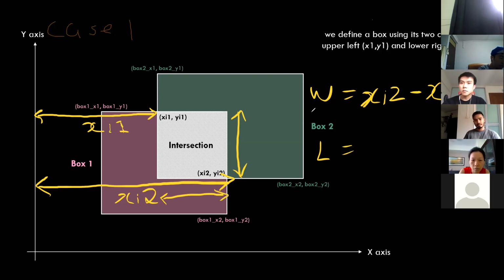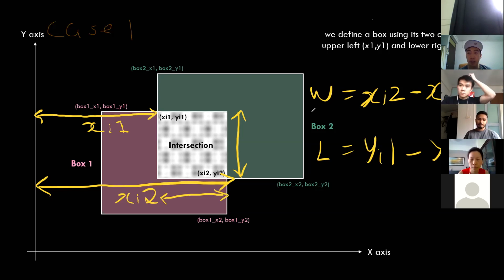So that is how you find the length and width of this intersection rectangle. Okay, so we have completed our first step, which is to find the intersection area.